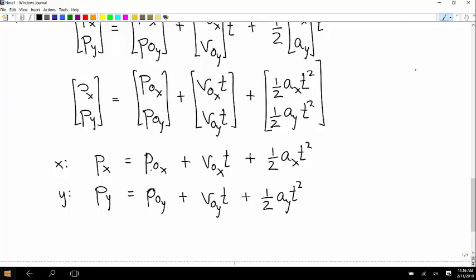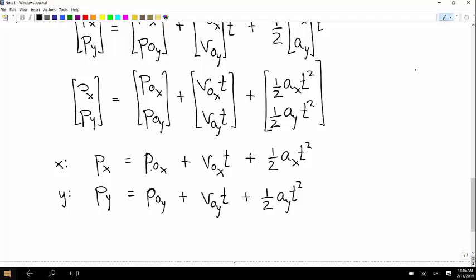In two-dimensional kinematics, you have two separate equations, the ones that depend on the x components and the ones that depend on the y components. And those two equations are completely independent of each other. Notice that there are no y components in the x equation, no x components in the y equation.